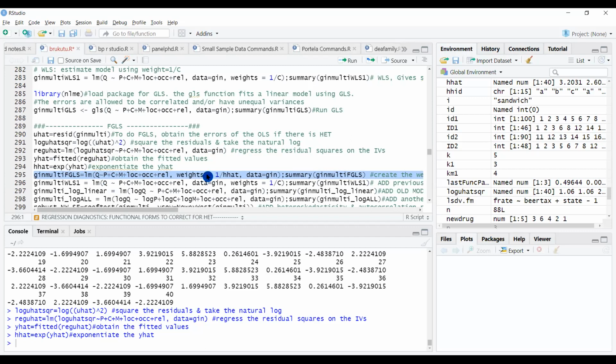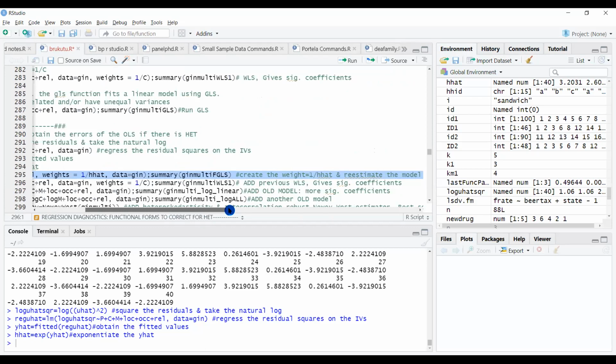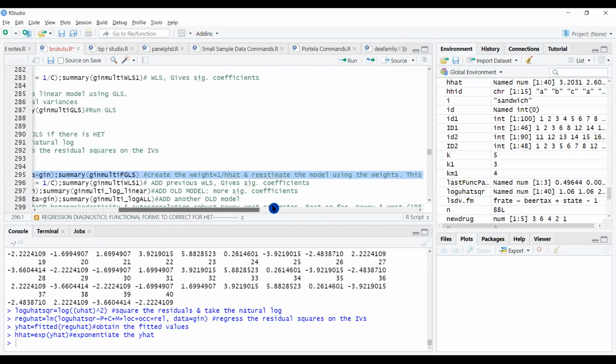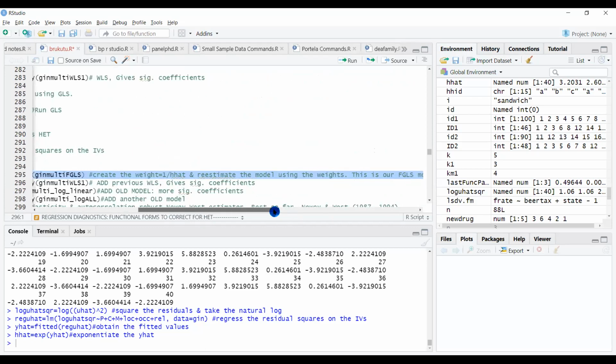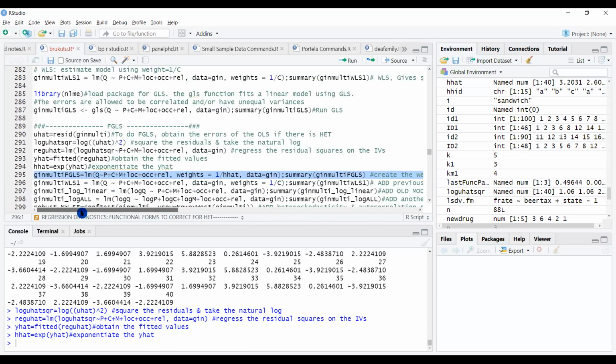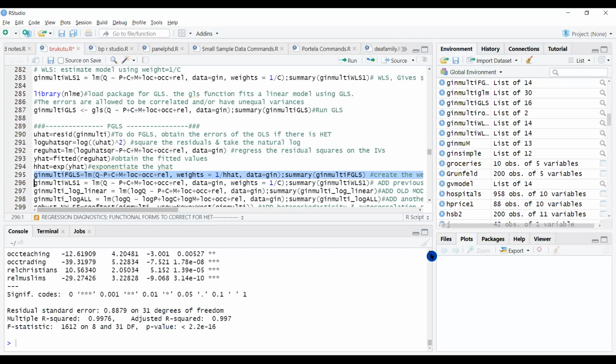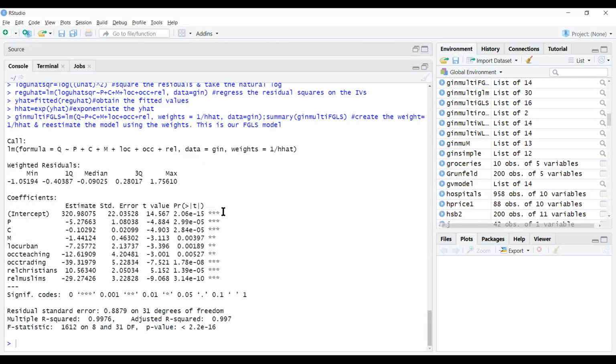Now the exponentiated y hat that I did, that is what I'm going to use to create the weight. Then I will re-estimate the model using this weight. This becomes our FGLS model, the one I've highlighted. Let me run that.